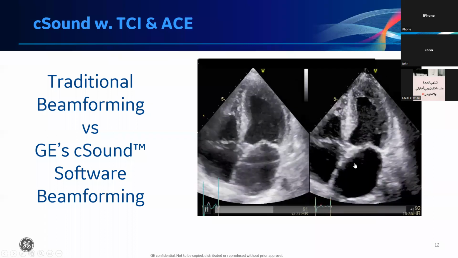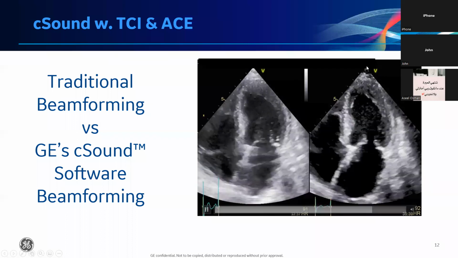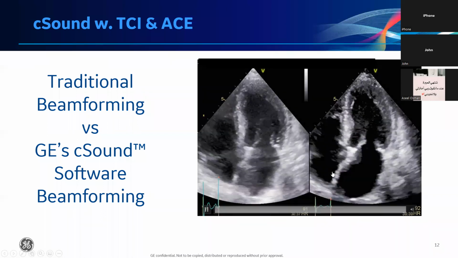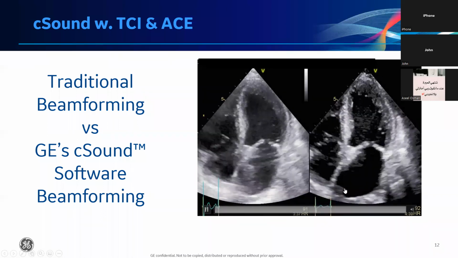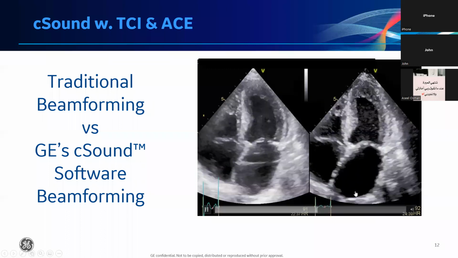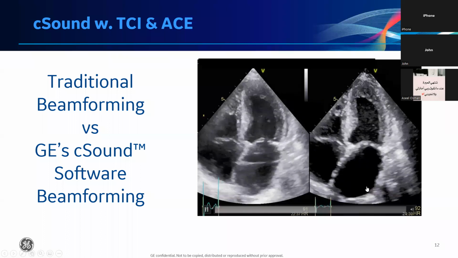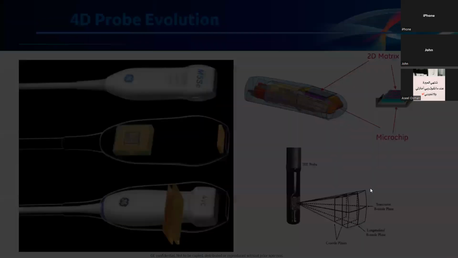While on the image on the right with true confocal imaging, you can see pixel-based focusing throughout the field of view from top to bottom. This is again using the latest technologies and even AI signal processing in order to bring the best resolution for us.